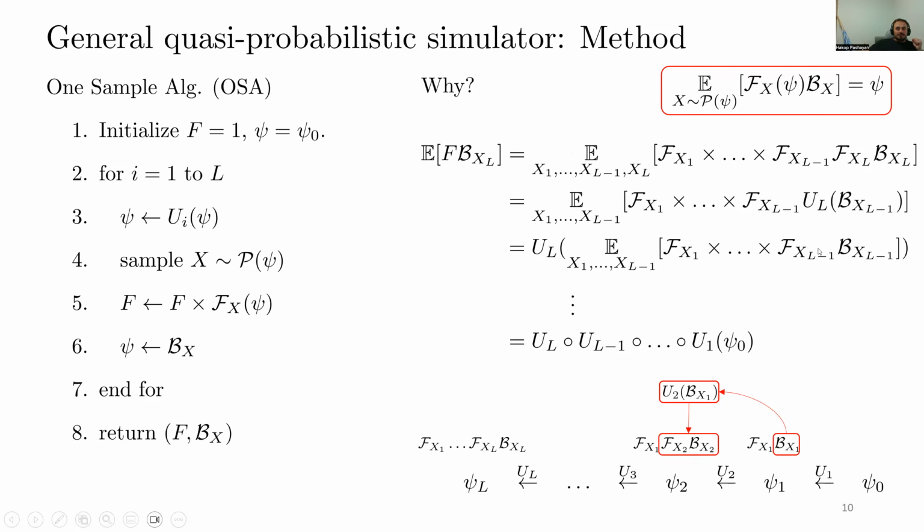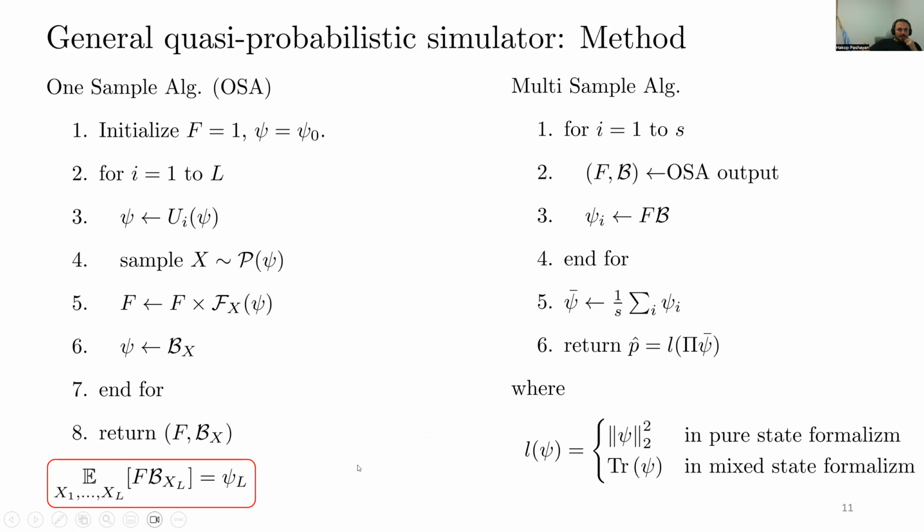And so, basically, by induction, you get a U_L and a U_{L-1} and so on, all the way to our psi_0. And so we have our result, which says that the expectation value of the product of these is psi_L, our final guy.